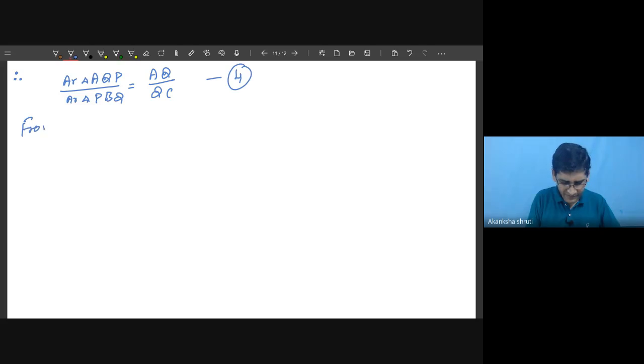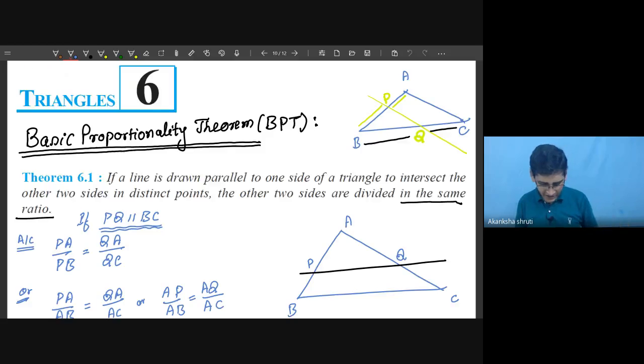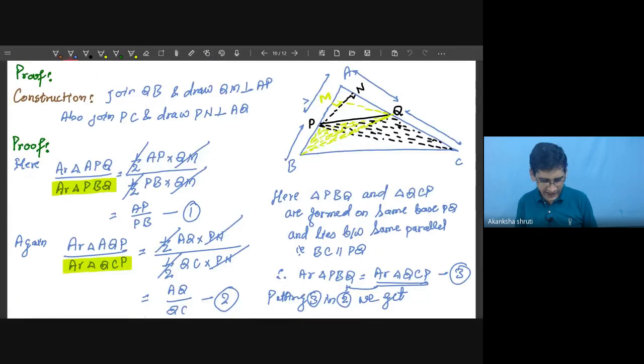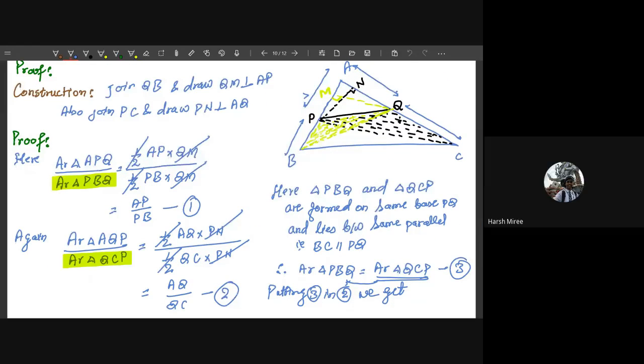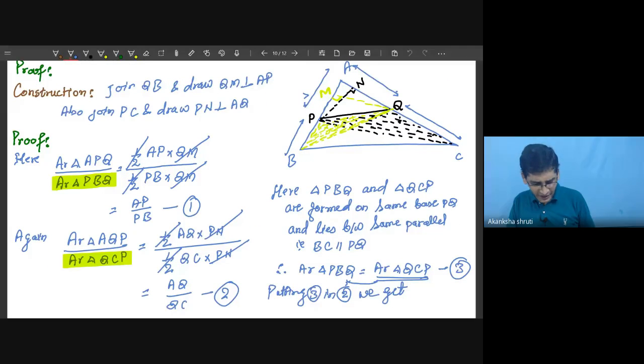From 1 and 4, what are we going to get? The left hand side is the same. Student, observe it. In the numerator, area of triangle APQ, also for the fourth, the area of triangle AQP or APQ mean the same. Denominator is the same, area of triangle PBQ.